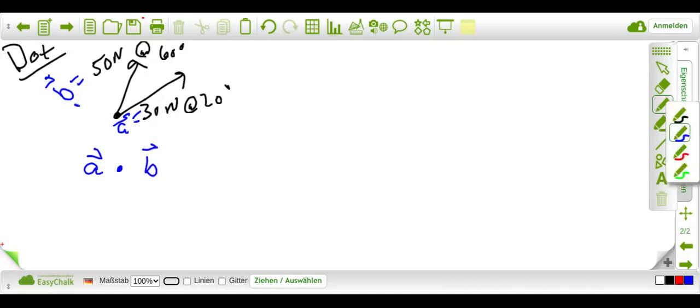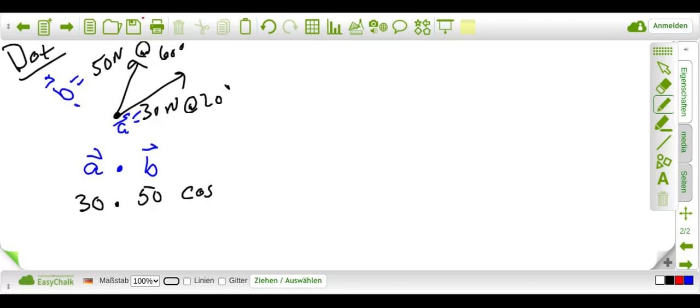So you would take the magnitude of A, multiply by the magnitude of B, and then you multiply by the cosine of the angle between the two vectors.